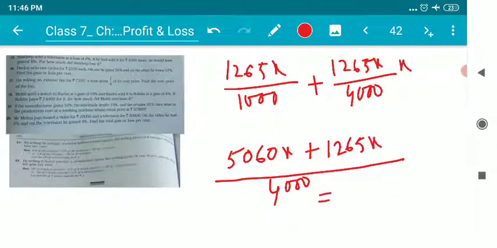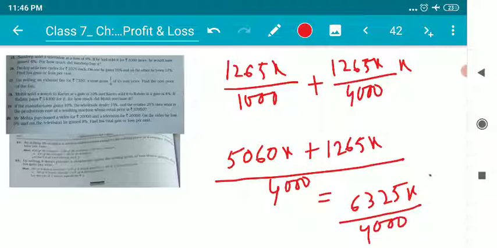So it will come, children. Let us finally add: 6325x by 4000. This is equal to the amount at which the retailer is selling the product.